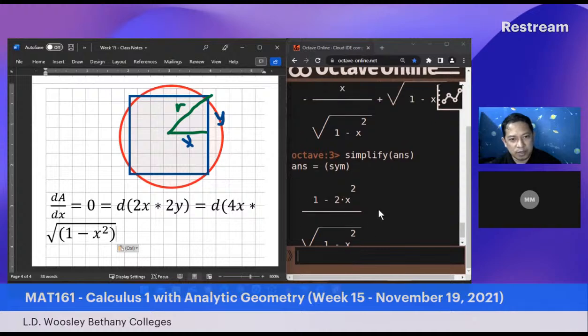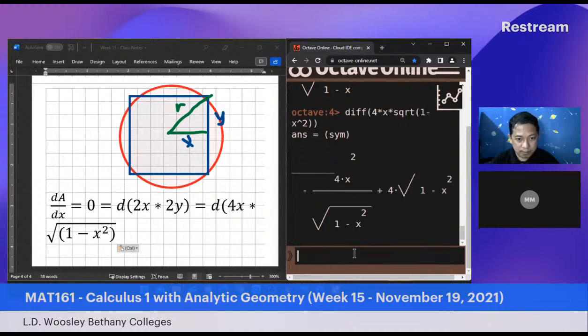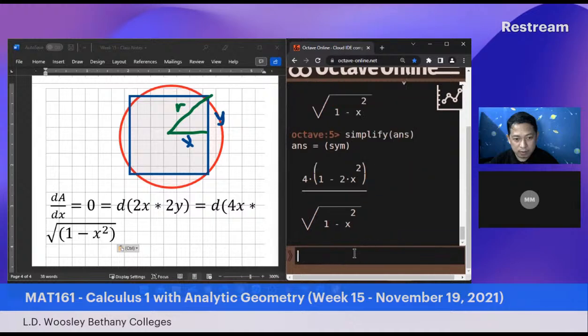Sige nga, hopefully this would, so kung kukunin natin yung derivative niya, diff of 4x times the square root of, sana naman, 1 minus x squared. Yan.